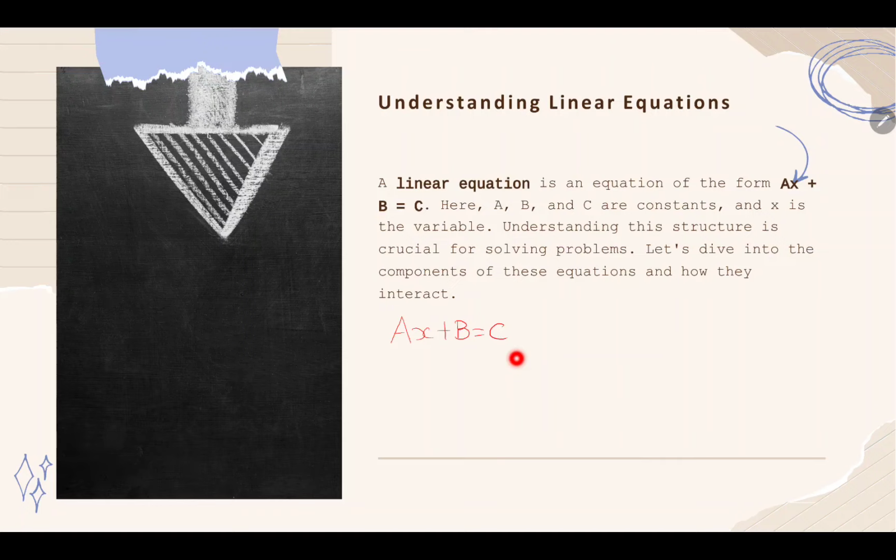So, what we consider your constants is b and c. And your a is your coefficient.